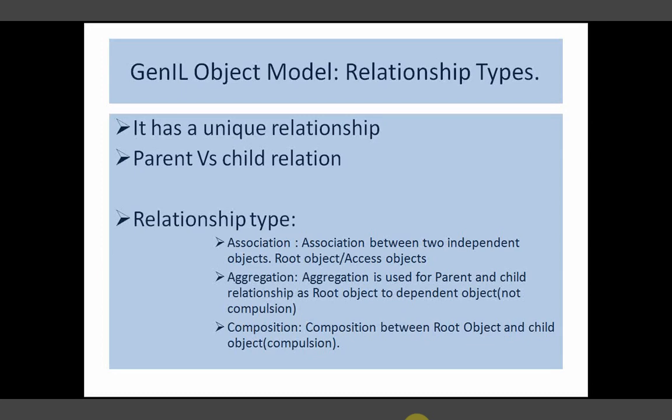Association is more like a friendly kind of relationship between objects at the same level, just like the association between two universities. They both are universities, so they may have an association between them, or between two CRM technical developers.